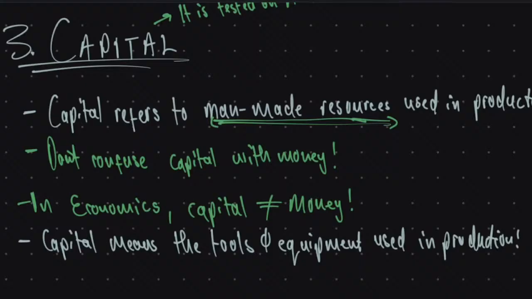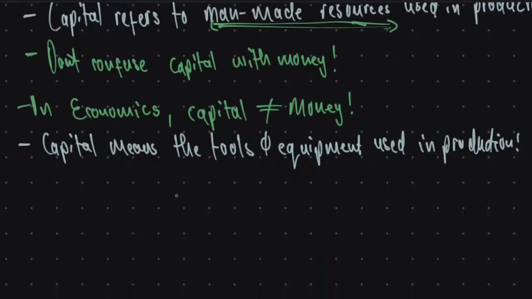If you are baking bread, then what tools do you need? Oven, mixer, delivery van. Those are capital goods. They are helping you to produce the bread and sell it. Examples of capital in economics: it's not money.